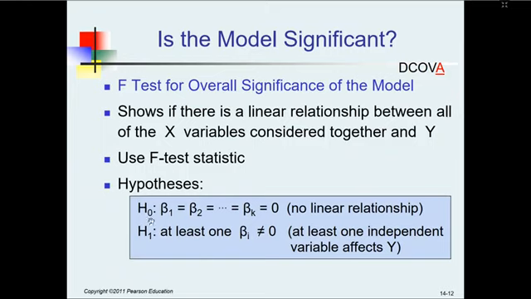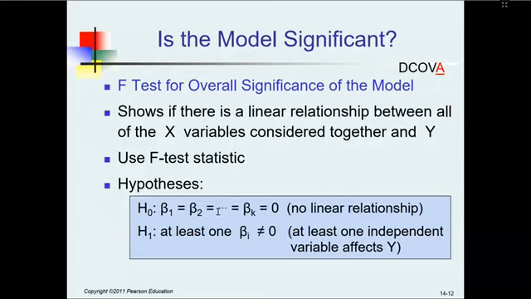So we wish to test the overall significance of the model. We use the F-test statistic. And the hypothesis to be tested is given by this: H0 is beta 1 equal to beta 2 equal to beta k equal to 0. And H1 says at least one of the betas is not equal to 0. In the example given above, there are only two betas, beta 1 and beta 2.